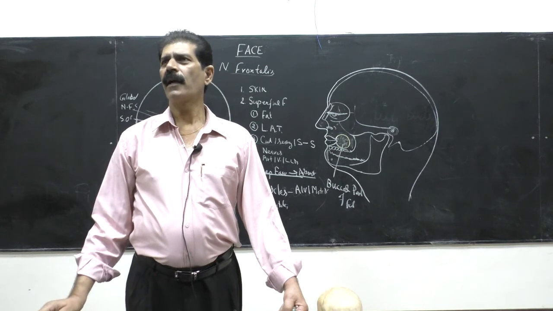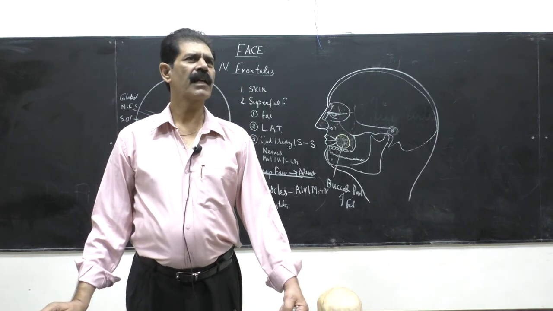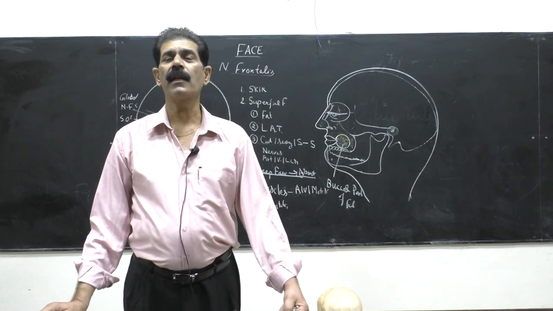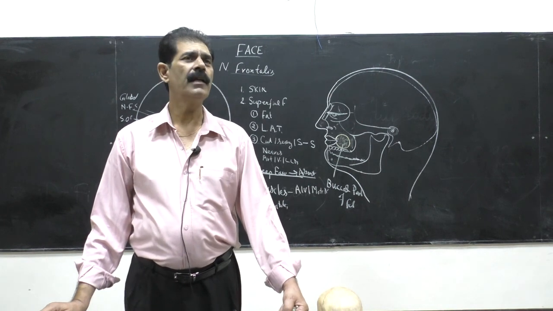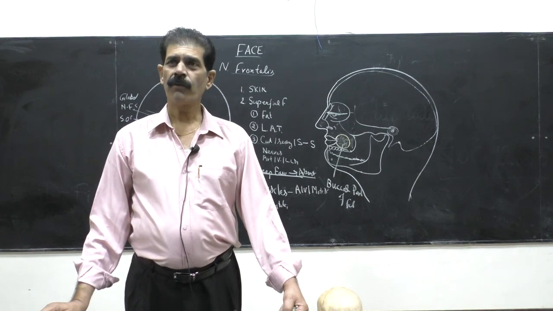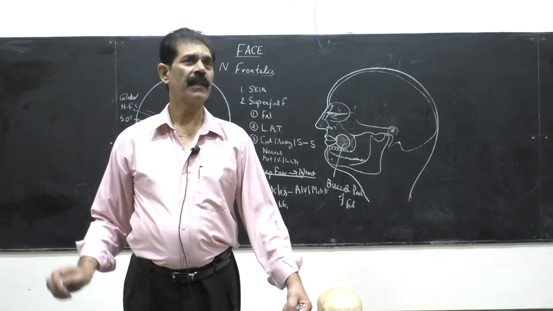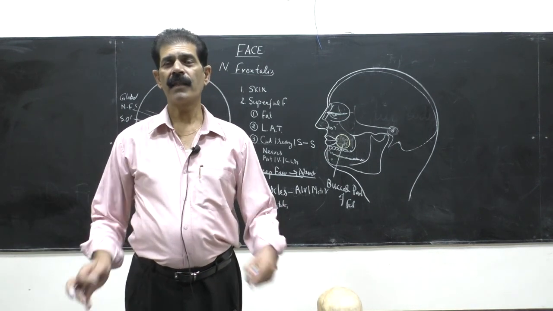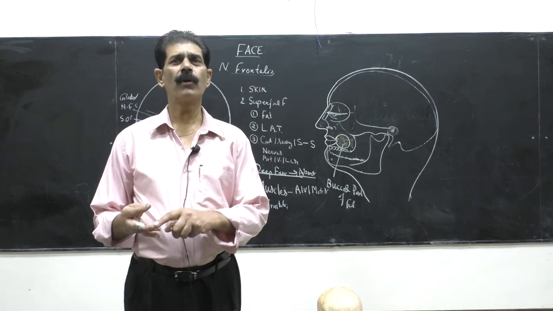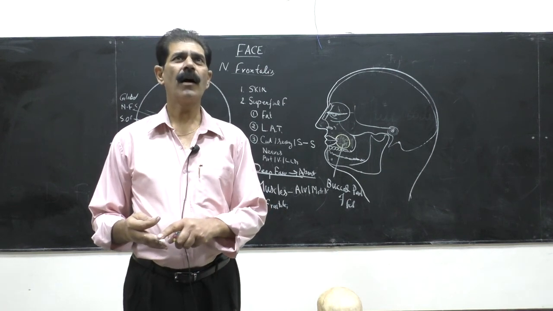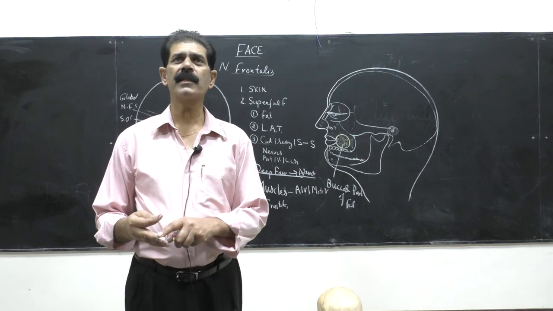So while you are doing the head and neck, in other words, we are exploring the 12 pairs of cranial nerves which you have read in the brain. While you are doing the dissection of the face, all 12 pairs you will study in detail, whether they are sensory, motor or mixed. So all 12 cranial nerves are not sensory.